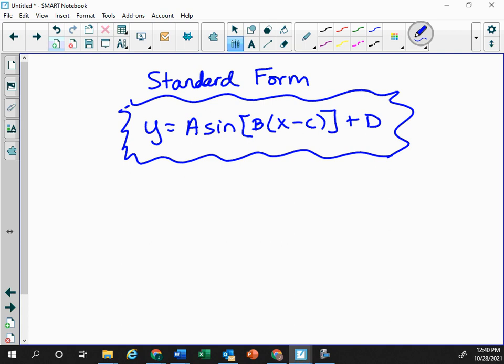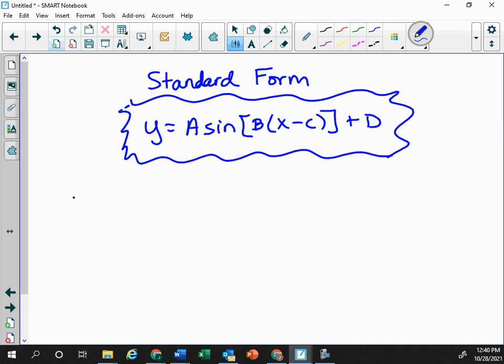It's transformations you've been doing, right? Piper, what? Yes. So if it was a cosine equation, it would obviously say cosine instead of sine. But yes, same A, B, C, and D. Okay, guys, think about all the graphs you've done before.